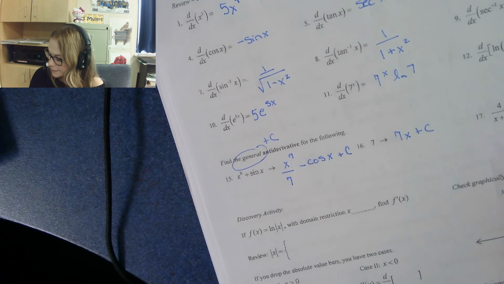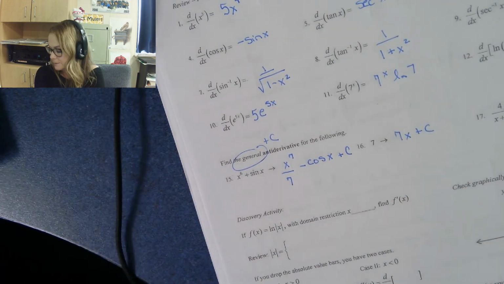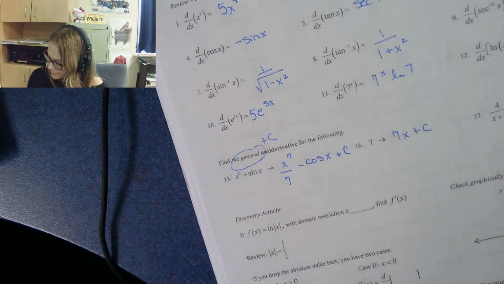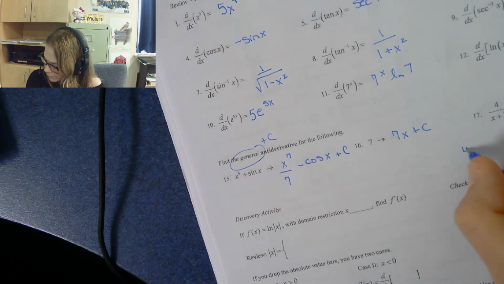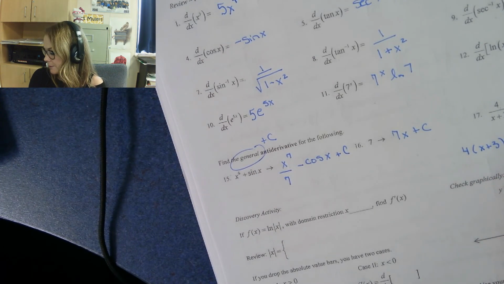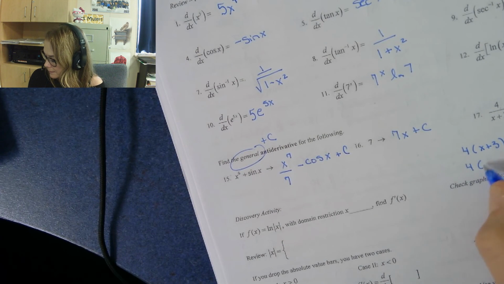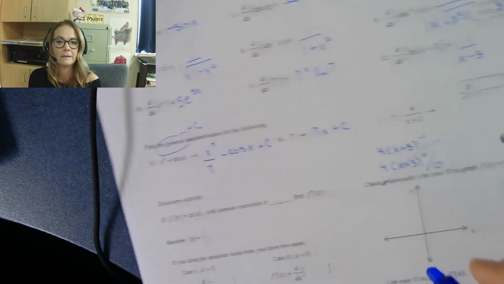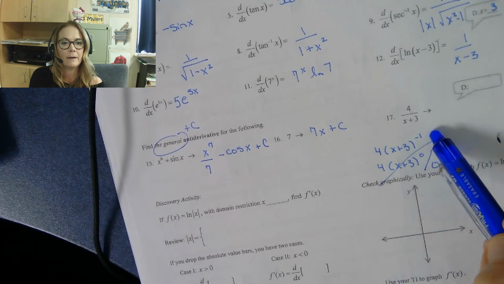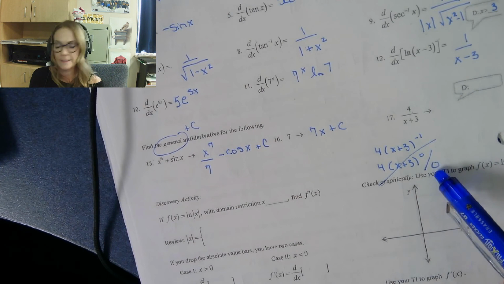And then this one here, if you have a power, you might be thinking, let's just bring this up. And then what happens when I raise that exponent by 1 and multiply by the reciprocal, that's undefined. If you raise it by 1, that's 0, and divide by 0, that's no bueno.